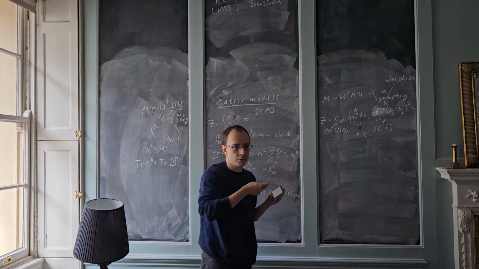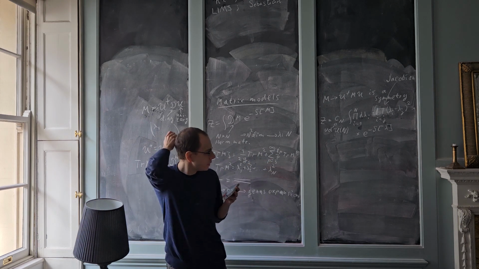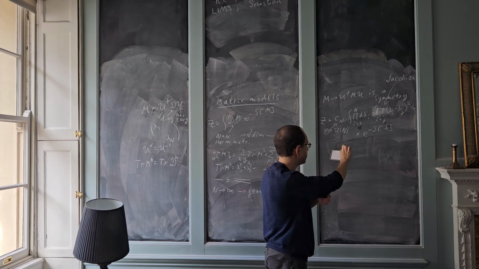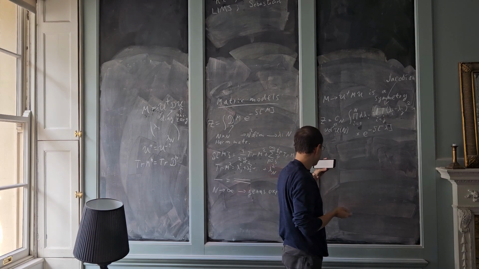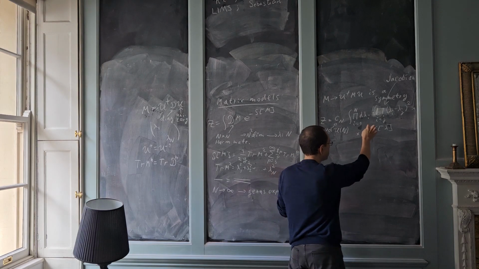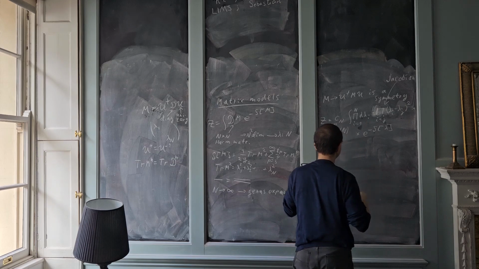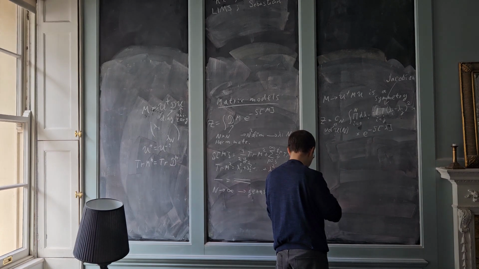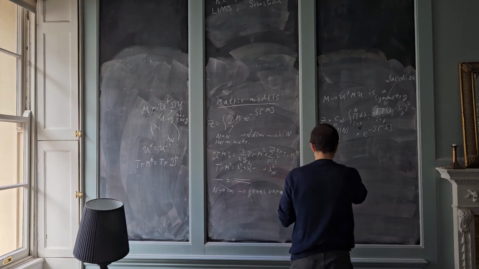I will give them so that you can get a flavor of how it works, but I may skip some super technical things that you can find in the literature later. What's important is the result, and we will look at its properties. But let's try to actually derive it. So we will do the following.